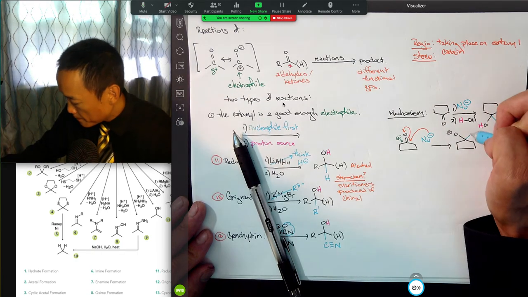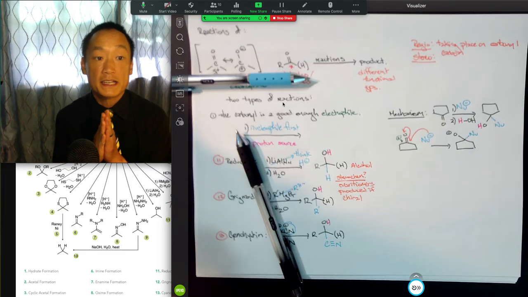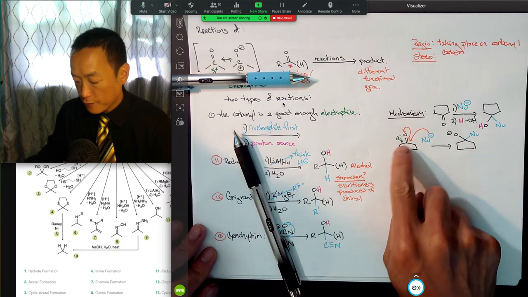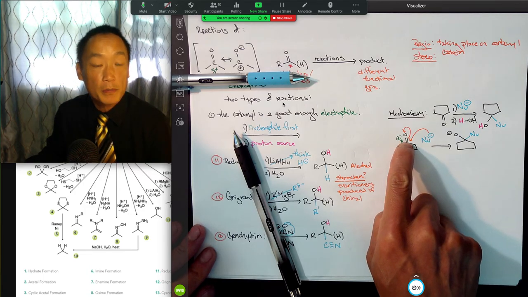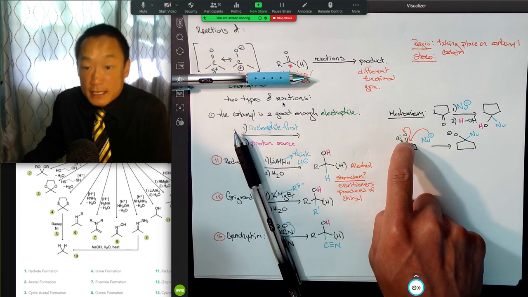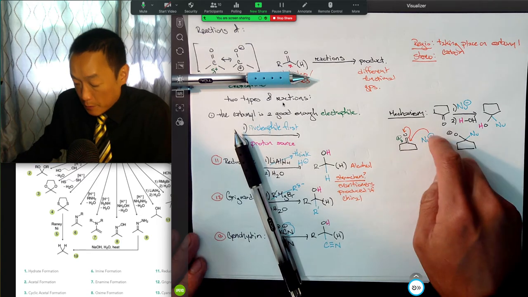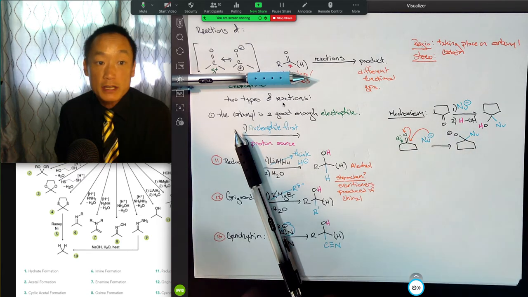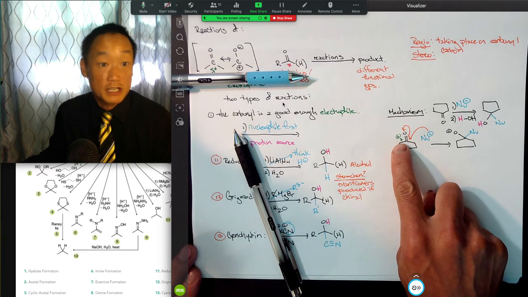Again, this is just Lewis acid, Lewis base chemistry. Negative charge must find the positive charge, and when it does that, this carbon must break something in order to accommodate the incoming bond, and so it just breaks the weakest bond. This carbon-carbon bond, that's not the weakest bond, so it's not going to break that one.